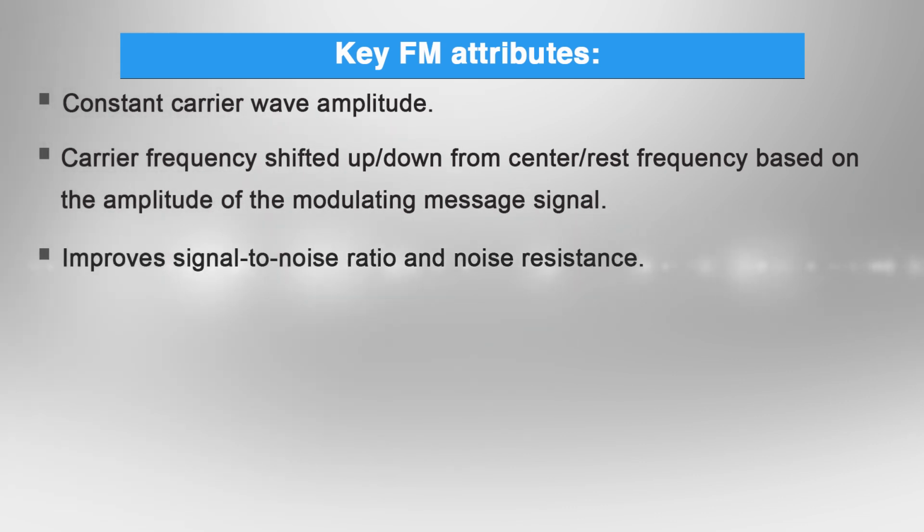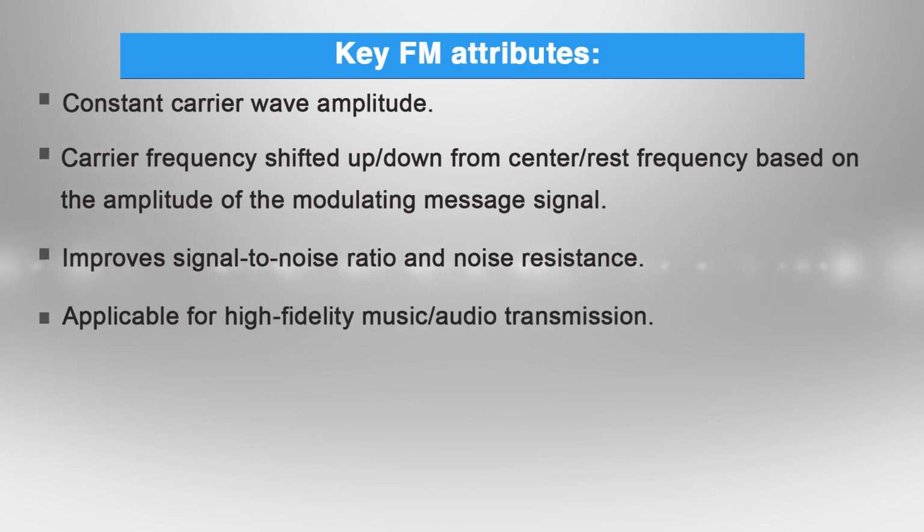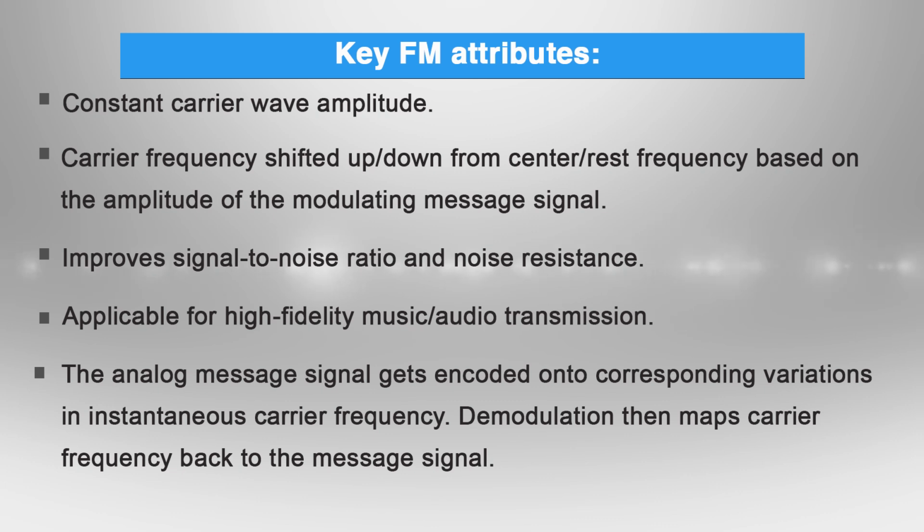It improves signal to noise ratio and noise resistance. It is applicable for high fidelity music audio transmission. The analog message signal gets encoded onto corresponding variation in instantaneous carrier frequency. Demodulation then maps carrier frequency back to the message signal.